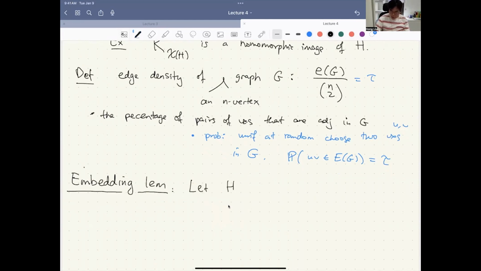Let me state it precisely. Let H be a graph. Then the following holds for all sufficiently large n.